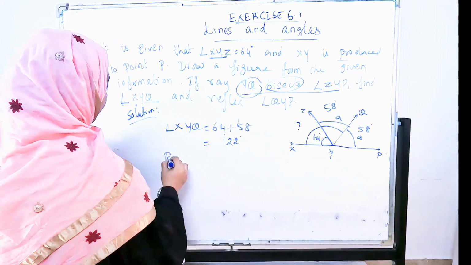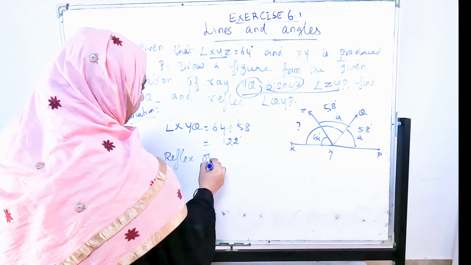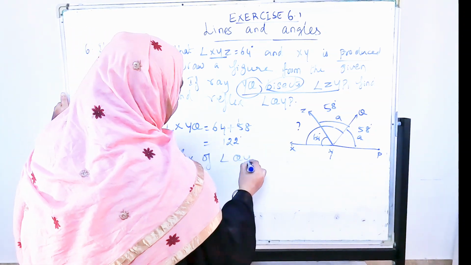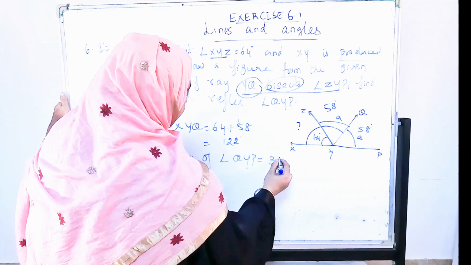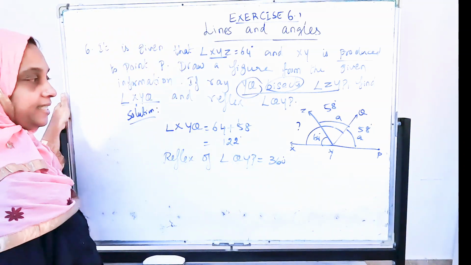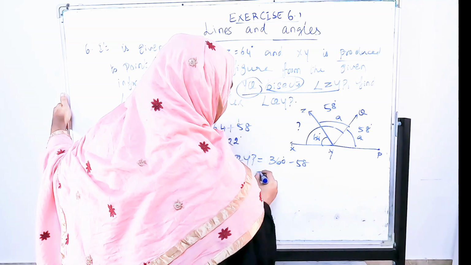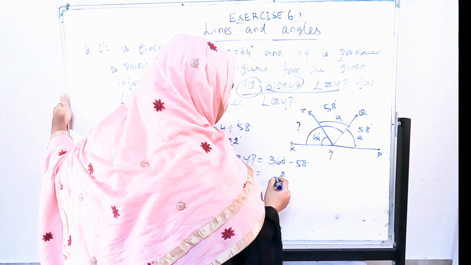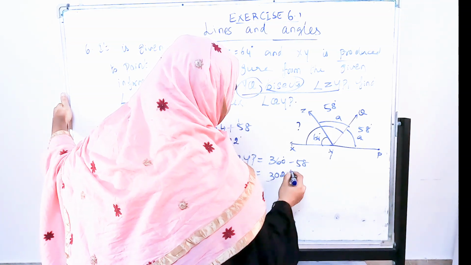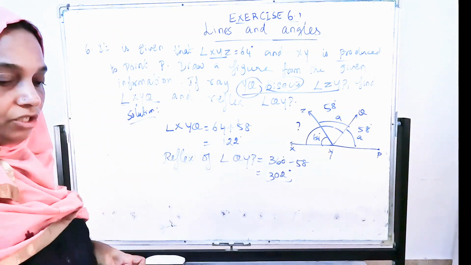And the reflex of angle QYP is 360 degrees minus that angle. Always reflex is 360 minus that angle. That angle is 58, so it is 302 degrees.